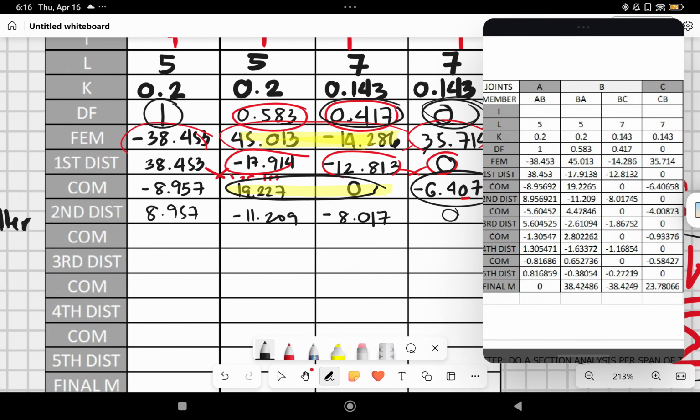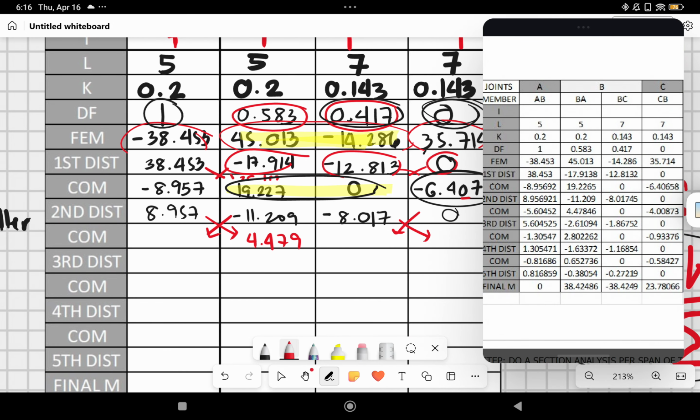Okay? And then, the carryover moment, ganun pa rin. We divide this by 2. So, 8.957 divided by 2, that is equals to 4.479.